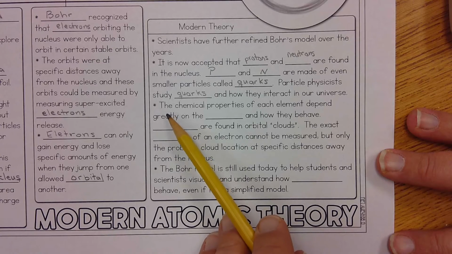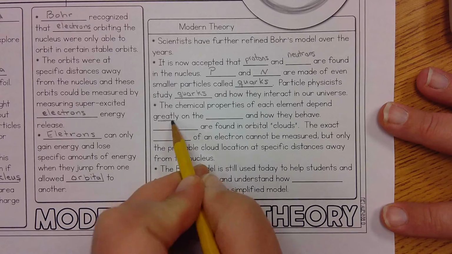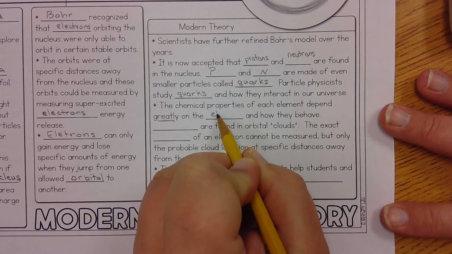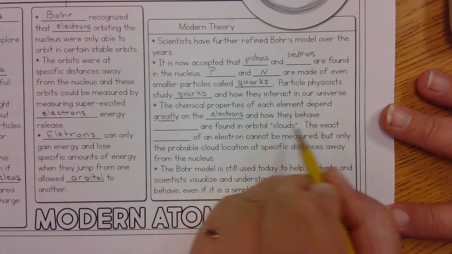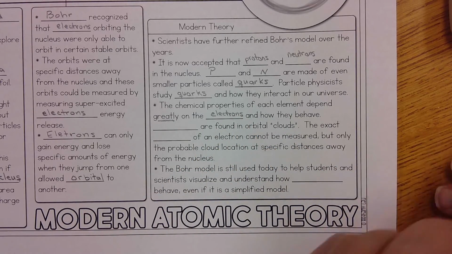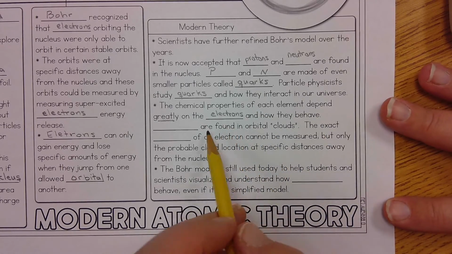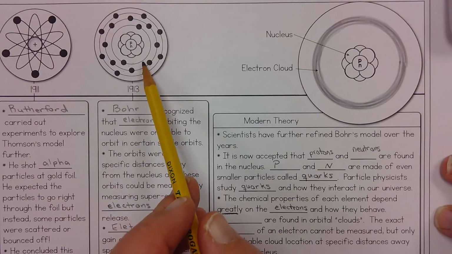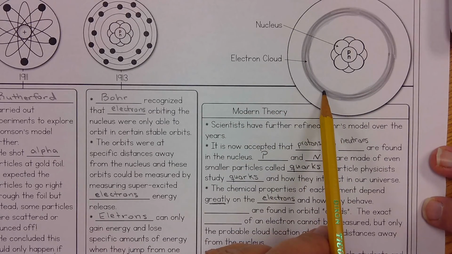We also know now that the chemical properties of each element depend greatly, I'm going to underline greatly, on the electrons and how they behave. Electron behavior is its own special type of scientific study that is incredibly fascinating. We now know that instead of electrons being in specific places, they still live in levels.